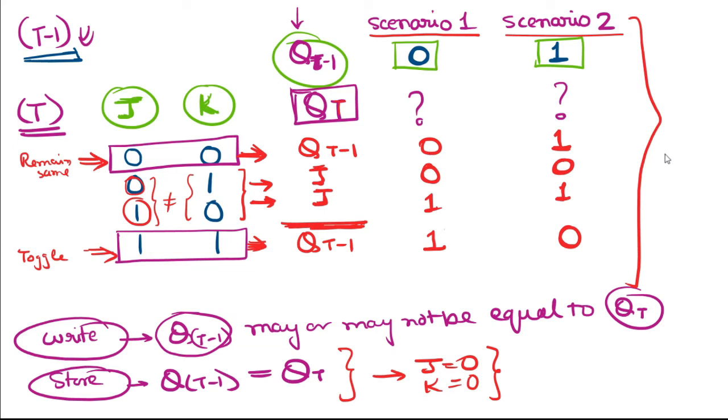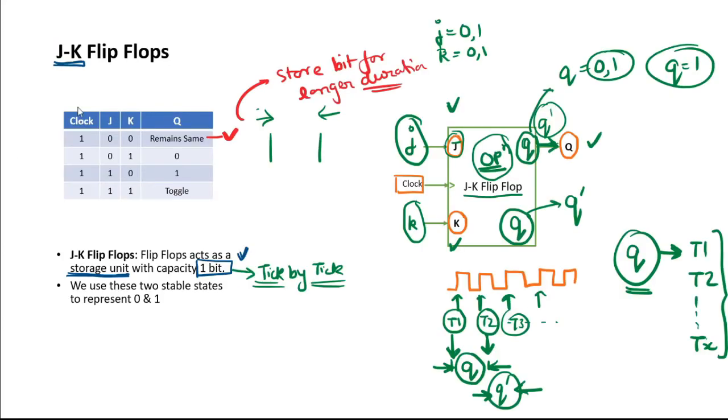So this is the kind of table which I just showed here. This is the same thing, right? Whenever the clock is 1, that means there is some tick. For example, we discussed tick tick.